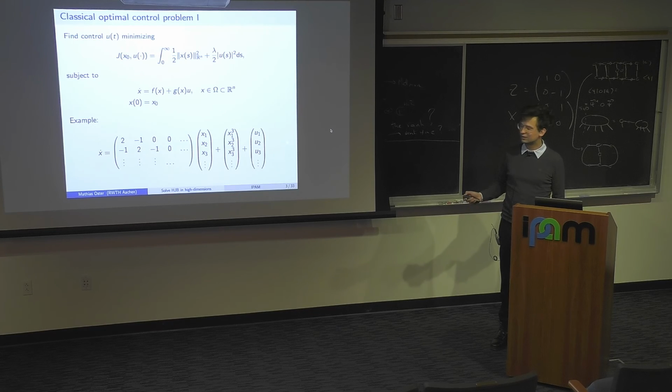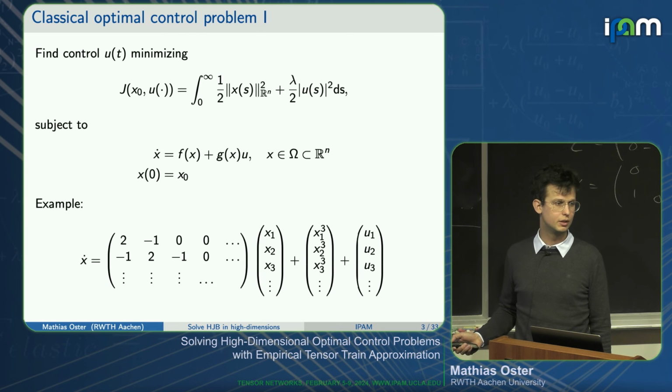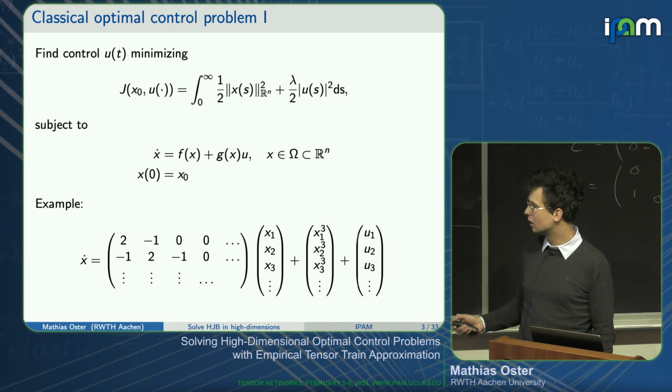So this is the running example throughout this work. This would be a discretization of a Schlögl-like PDE, where you have a Laplace-like operator that comes from finite differences. Oh, I forgot the scaling. And then you have a pointwise nonlinearity in each coordinate, and then you have the controls. And our systems almost always look like this.